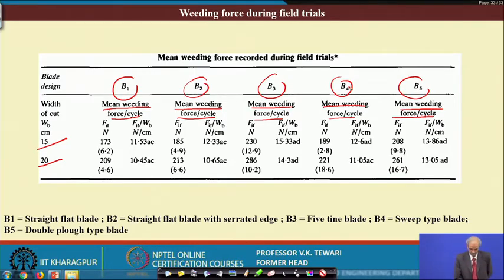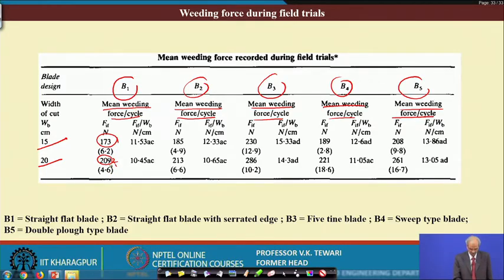What we got here are these values, you can see them here. The ones in brackets are the variations, the standard deviations, because we are talking of the mean weeding force.